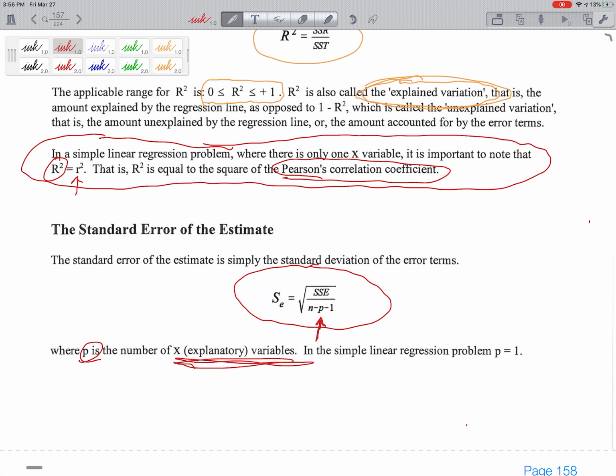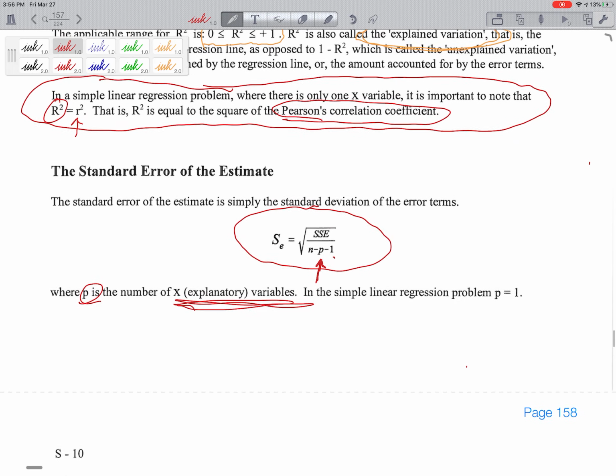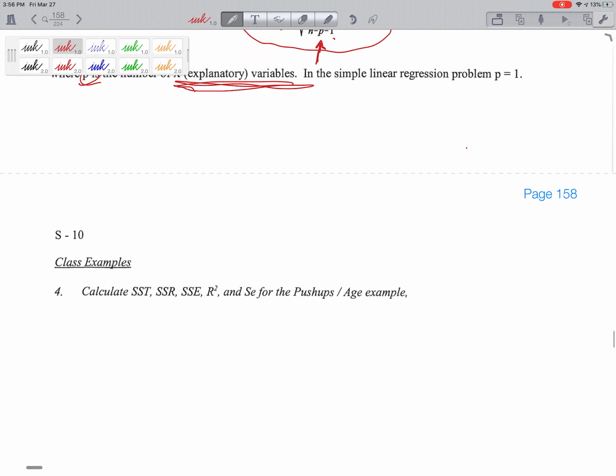So in simple linear regression, with just one x variable, that p is equal to 1. In multiple linear regression, it'll be the number of x columns, if you like. Again, not the number of observations, that's the n, but the number of x variables. So you lose 1 degree of freedom for every x variable, and then 1 degree of freedom for the y. All right, let's do some calculations.